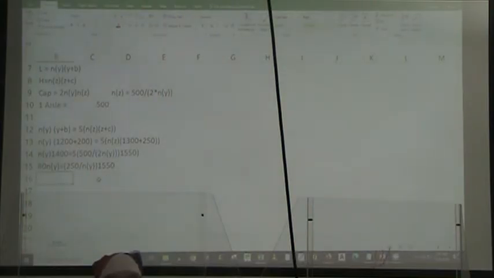All right. Now let's multiply both sides by ny, right? So that is 80 ny squared equals 250 times 1550. All right, now we're getting somewhere.